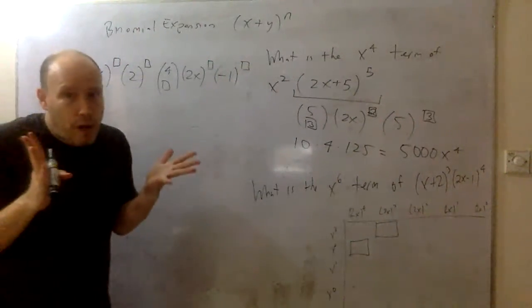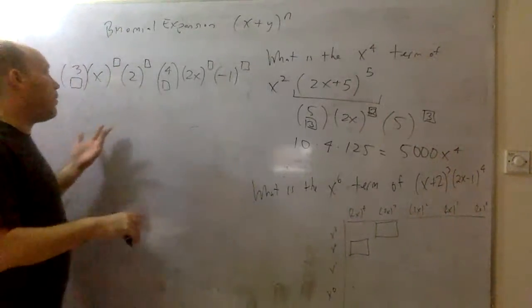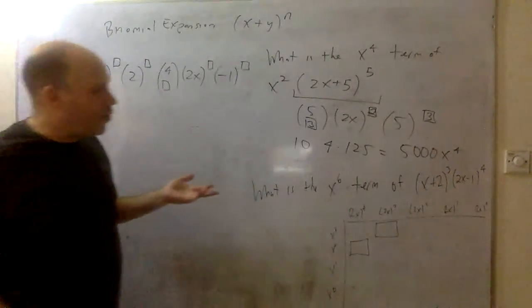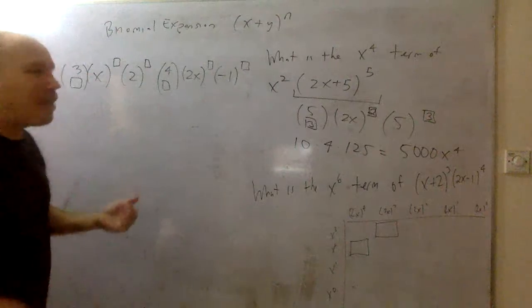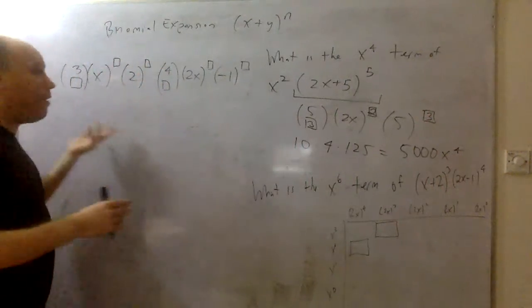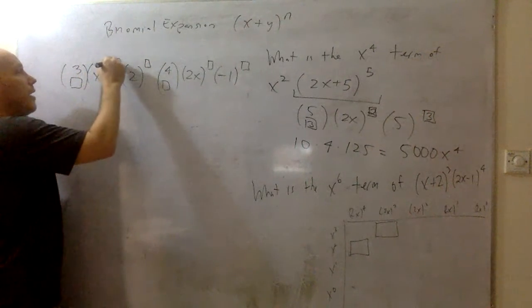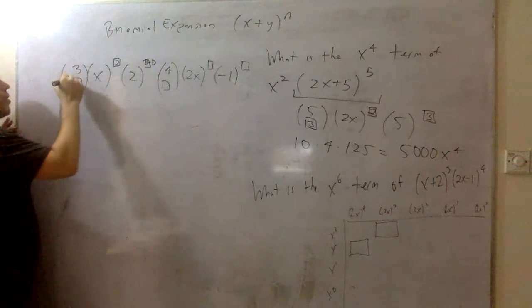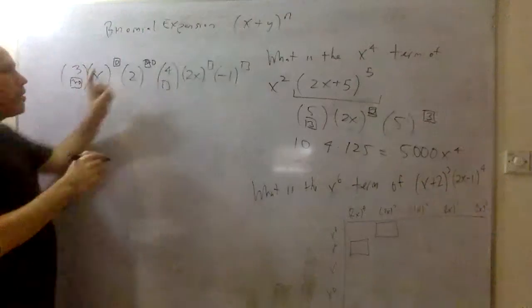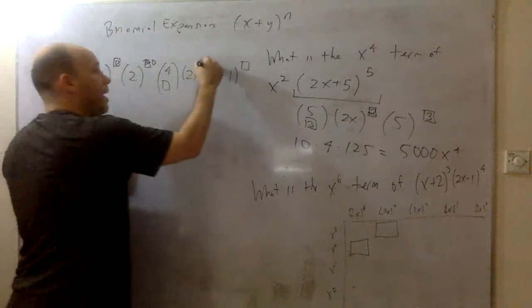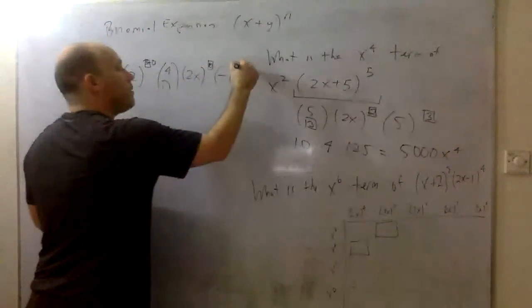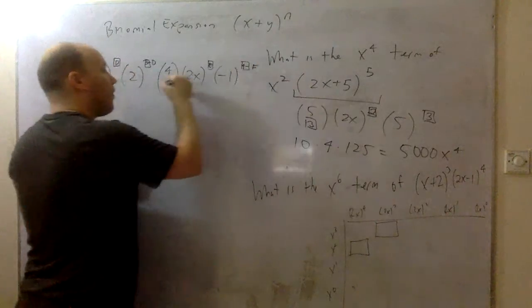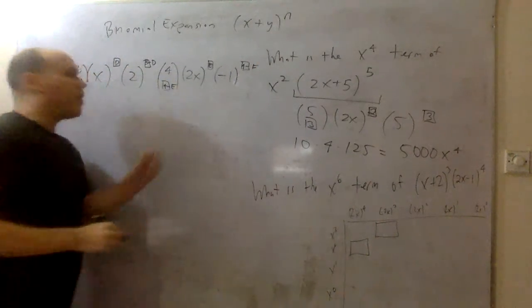What was the last letter we used? I think it was C. Let's use D and E. So right here, we have D, this is 3 minus D, this is 3 minus D. Over there, this is E, this is 4 minus E, and therefore this is 4 minus E.